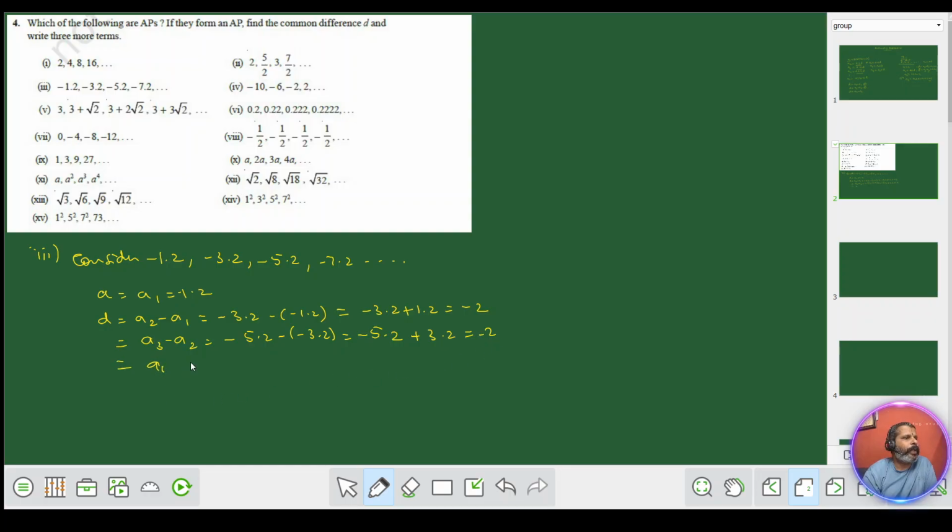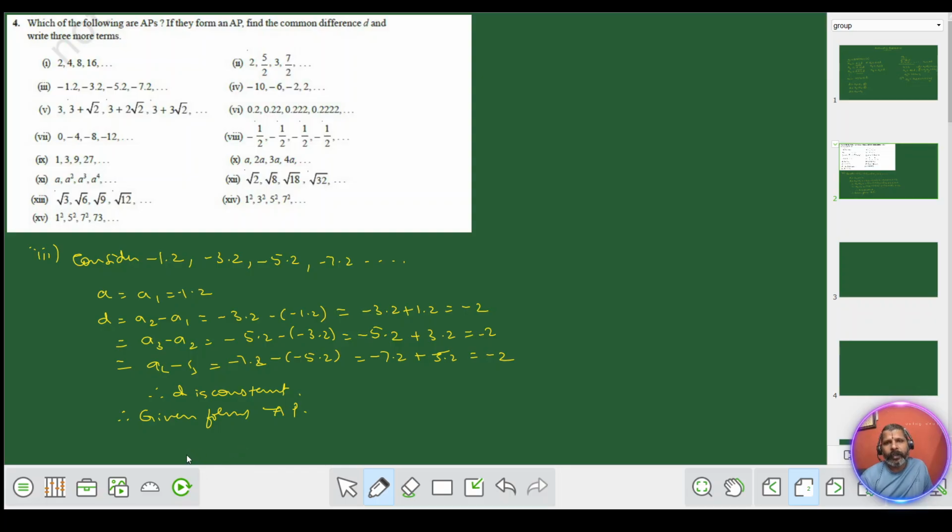Similarly, A4 minus A3 gives minus 7 by 2 minus of minus 5 by 2, which comes to minus 7 by 2 plus 5 by 2, minus 1. Therefore, here D is constant. Therefore, given forms AP.